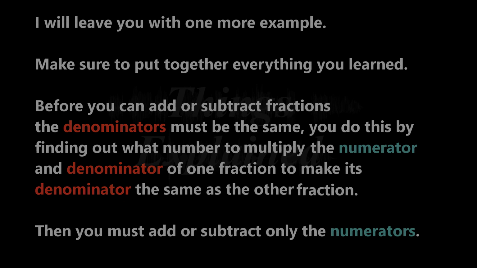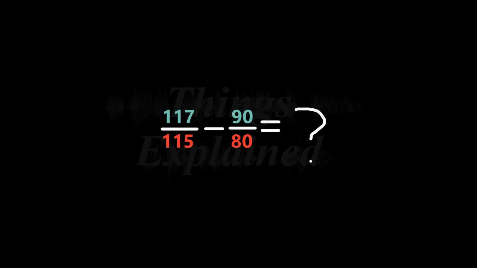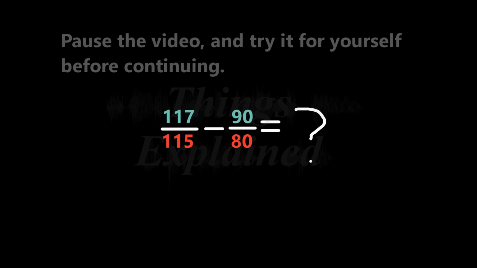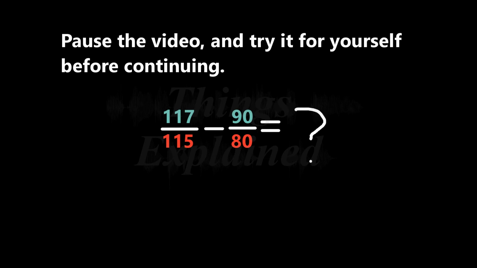Here's the last example. Are you ready? 117 over 115 minus 90 over 80 equals what? Please pause the video and try it for yourself before continuing.